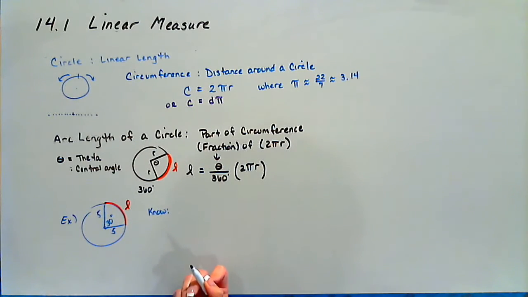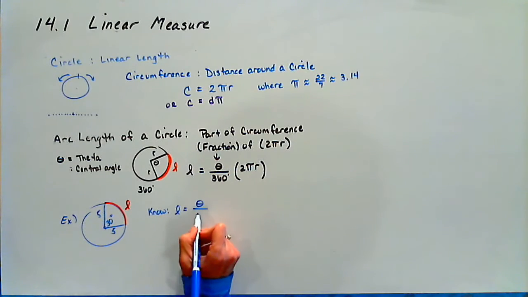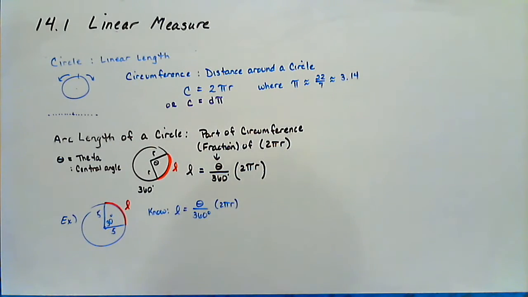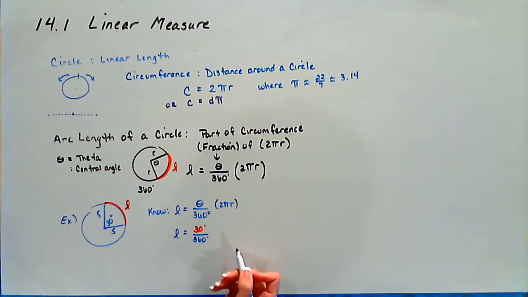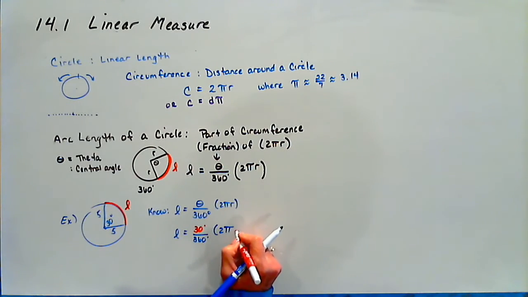So start with what you're given. Start with what you know. You know arc length is always a fraction of the complete circumference, 2 pi r. Well, the question is, what part of the circle did I give you? I gave you the wedge that was cut out by a 30-degree portion. So I gave you 30 degrees out of 360 degrees, and a radius of 5.